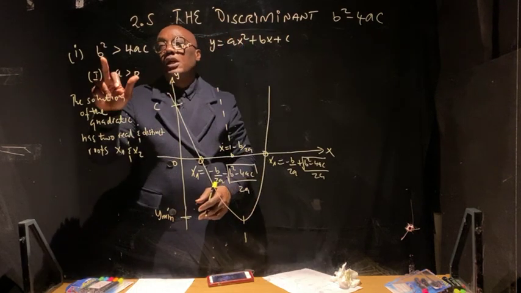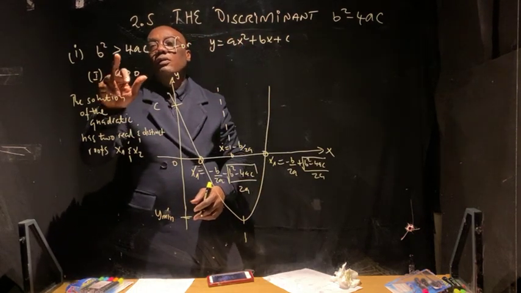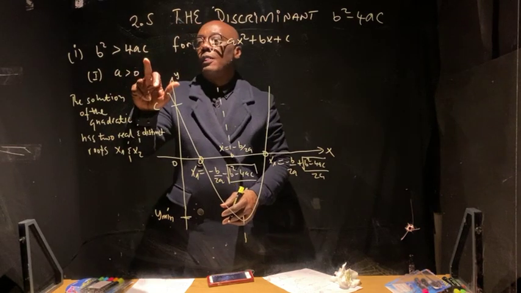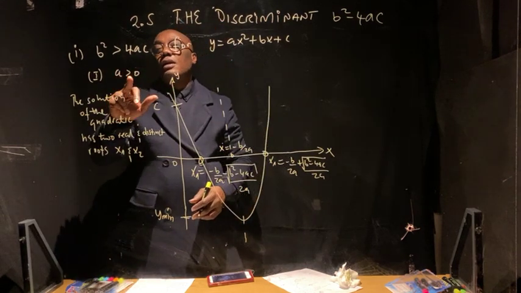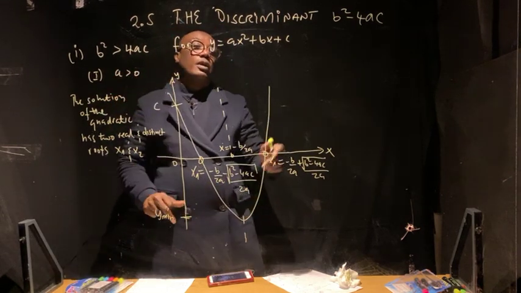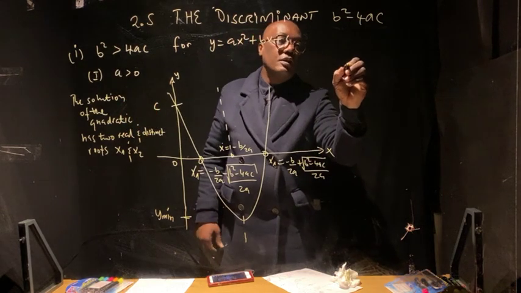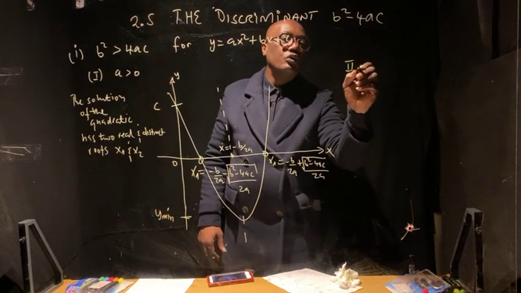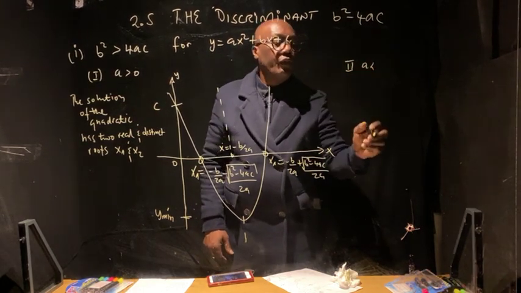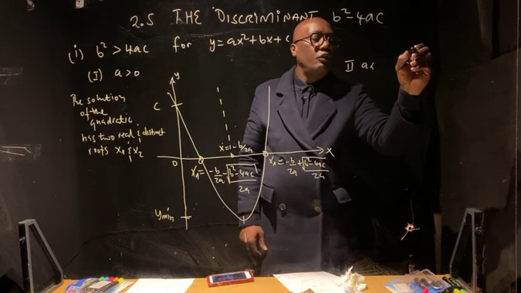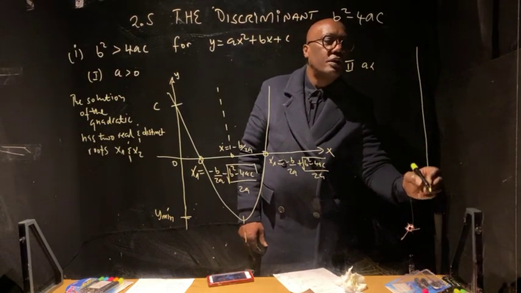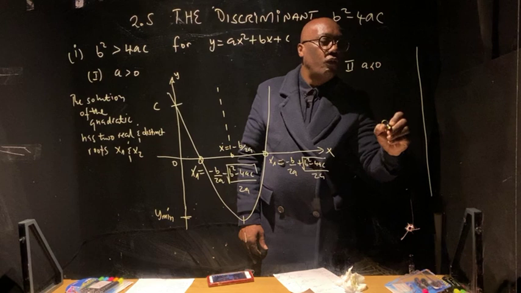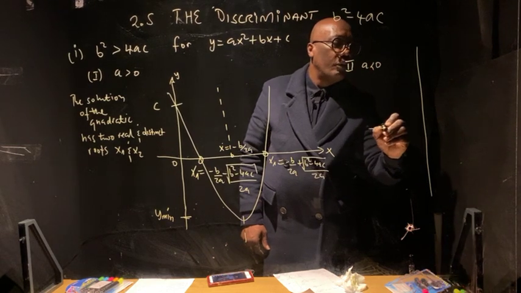But at the same time, under b squared greater than 4ac, when a is less than 0, which I will say is condition 2, then you can see that the same graph at this time will have a y maximum.